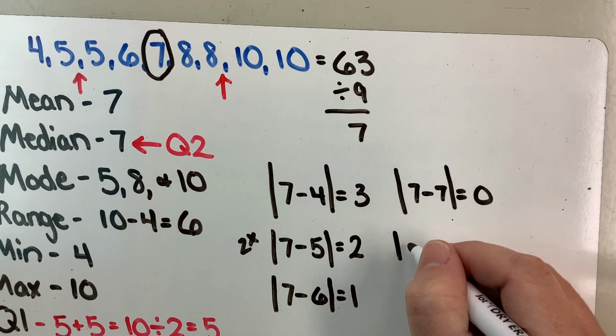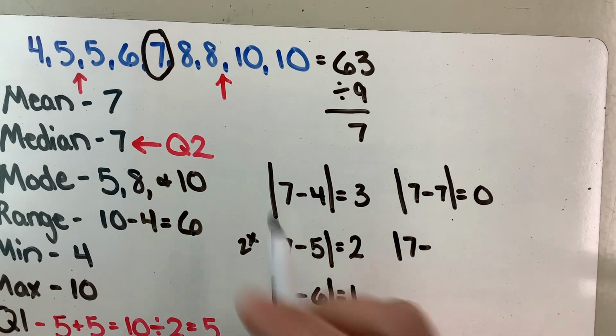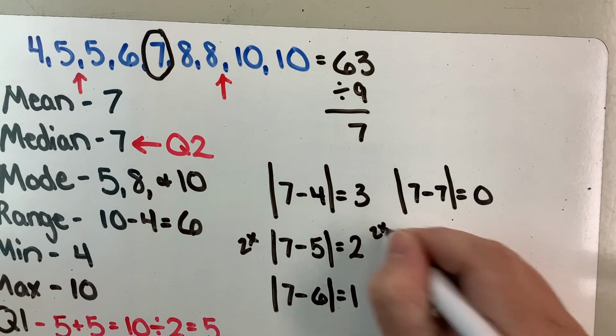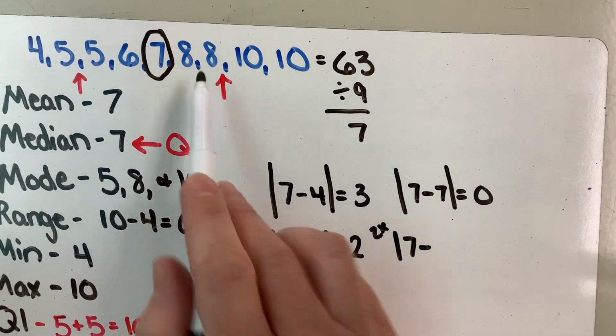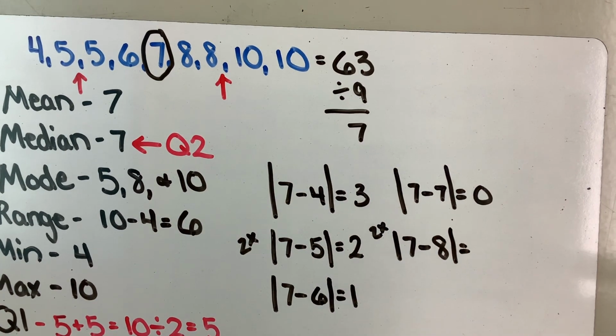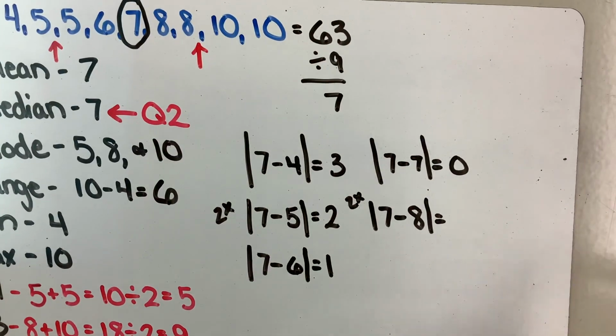We take the absolute value of our mean minus the next number. There are 2 of these, so I'm going to make a note of that. And the next number is 8. Now, we have not officially done integer operations, but we've talked about this in that if you have $7 and you just purchased something for $8, well, you owe $1. You are in debt $1.